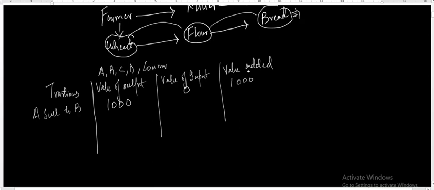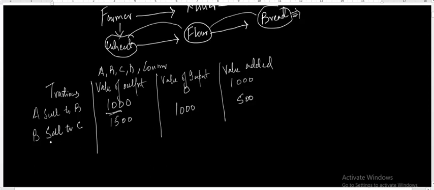Now say B then sells the product after processing to C, and he adds 500 as margin, and he sells it for 1500. However, his intermediate good, the value of his input, was 1000. In the economy, the total value added is only 500, not 1500.